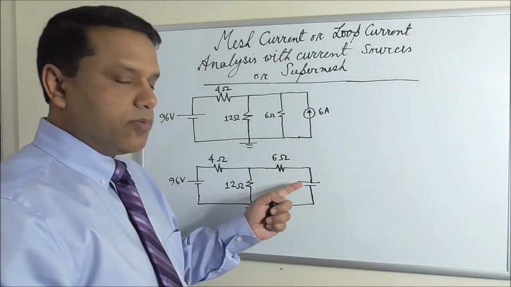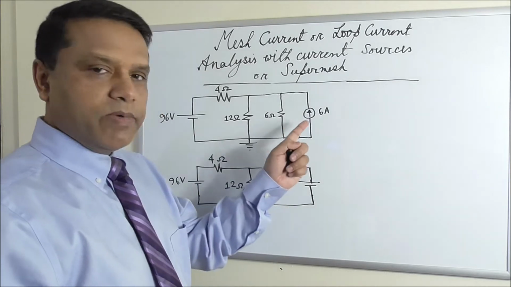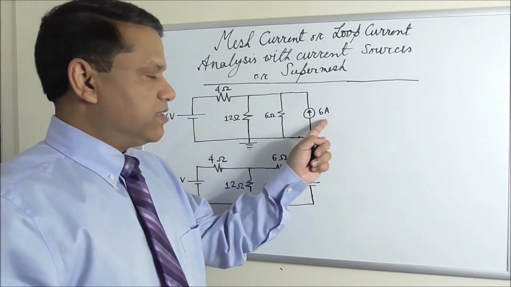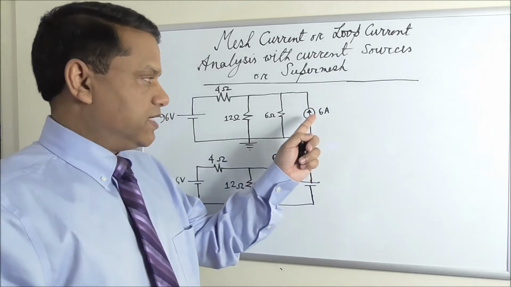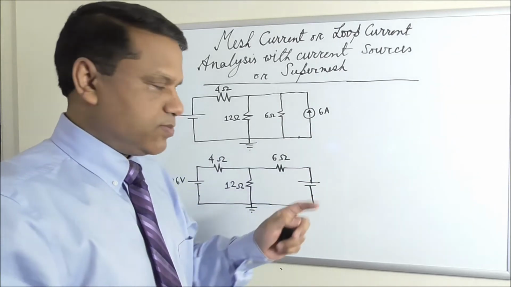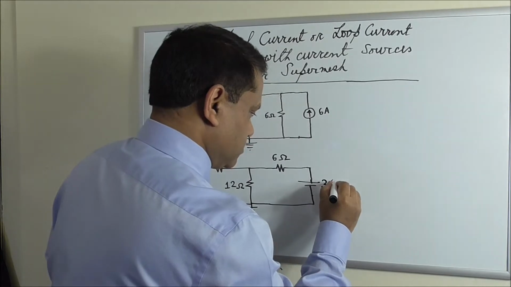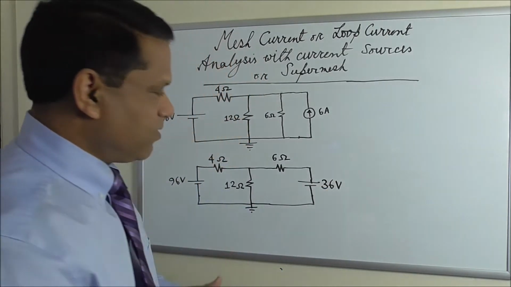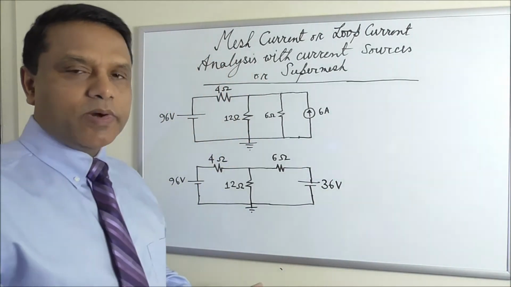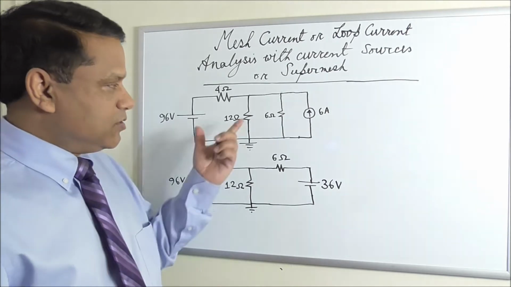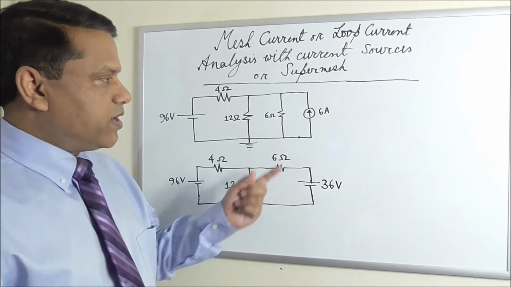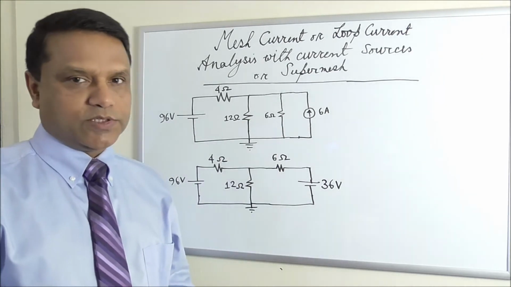And the value of the voltage source becomes the multiplication of this resistor value and this current source value. That is 6 times 6, 36 volt. Okay, so this is our equivalent circuit to this circuit. We just converted the current source into a voltage source.